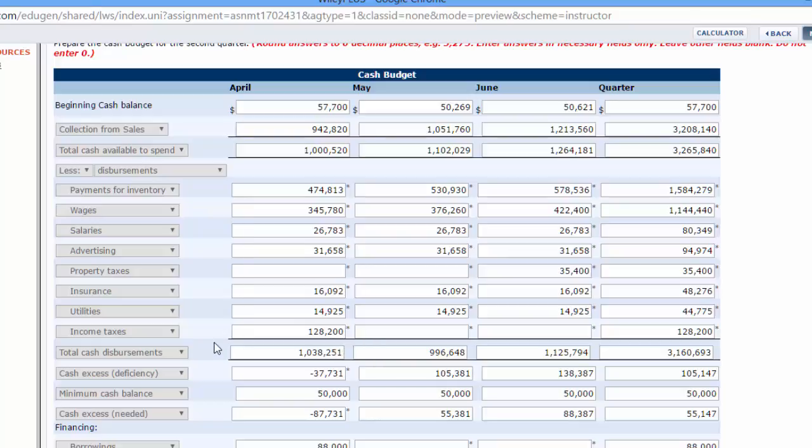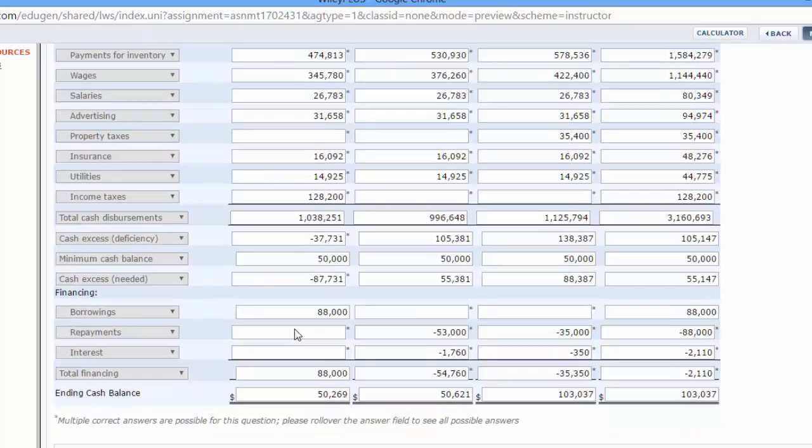Okay, so you can do the estimate here. There is a narrative related to the fact that if cash drops below $50,000, we are going to borrow money. So in the first period, we're going to borrow money, and then we're going to be paying back this money over the next couple of periods.